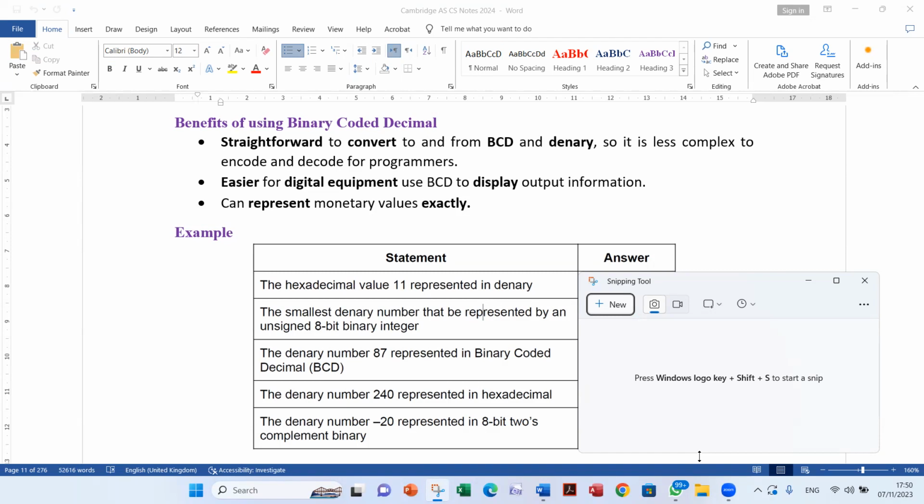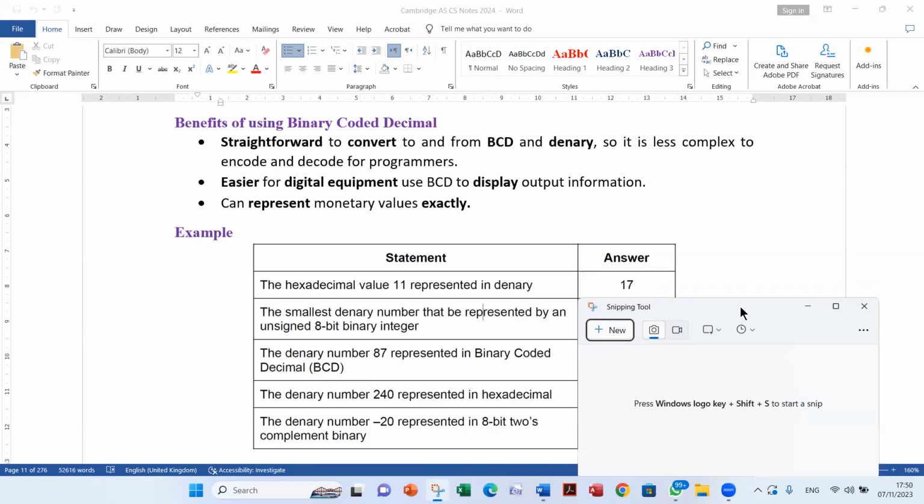So you put the weights 1 and 16. I think I'm faster than you. 1 plus 16 is 17. So 11 in hexa is 17 in denary. See? I'm doing it faster than you.